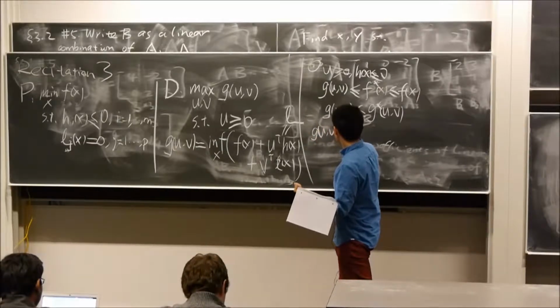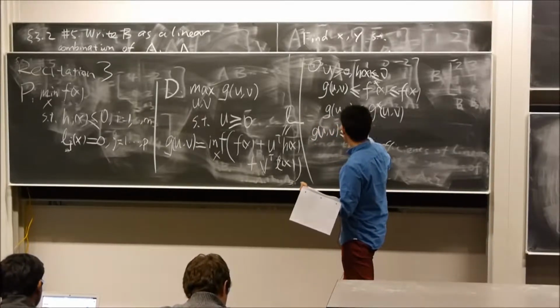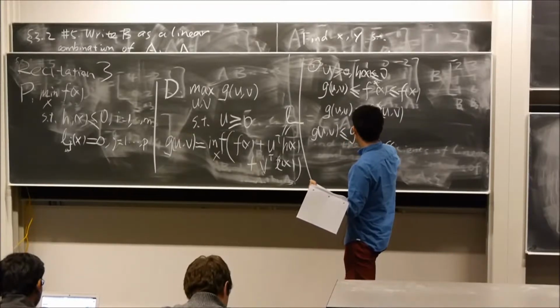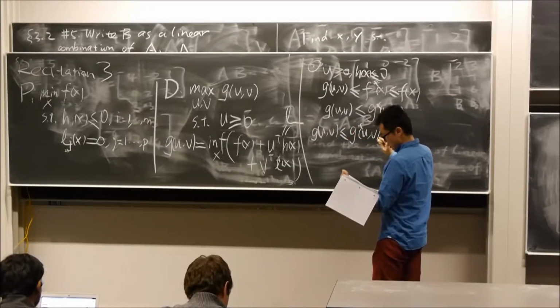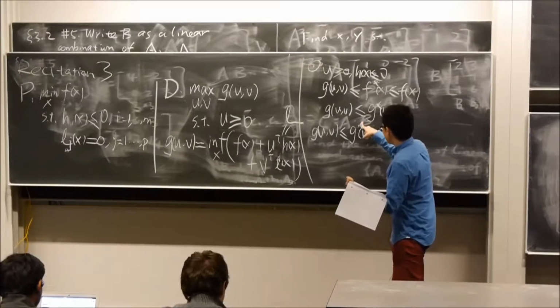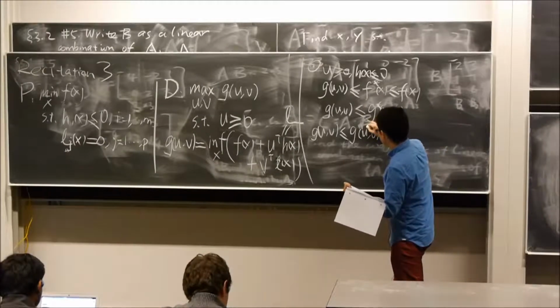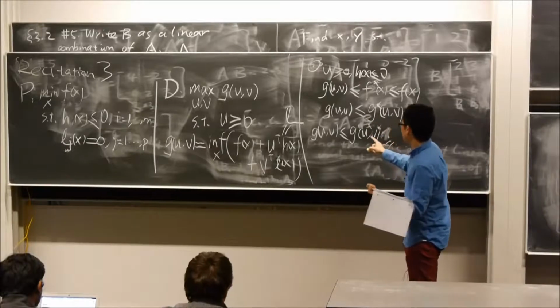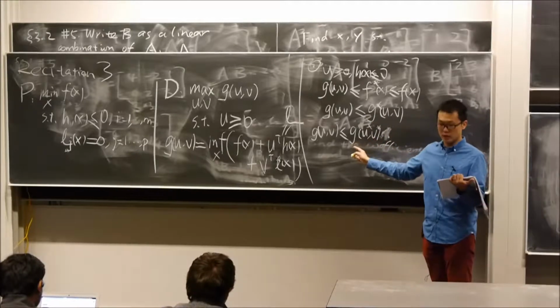If we concatenate these inequalities all together, we get g(u, v) smaller than g star. Let's write it another way. Suppose we have a feasible solution that attains g.